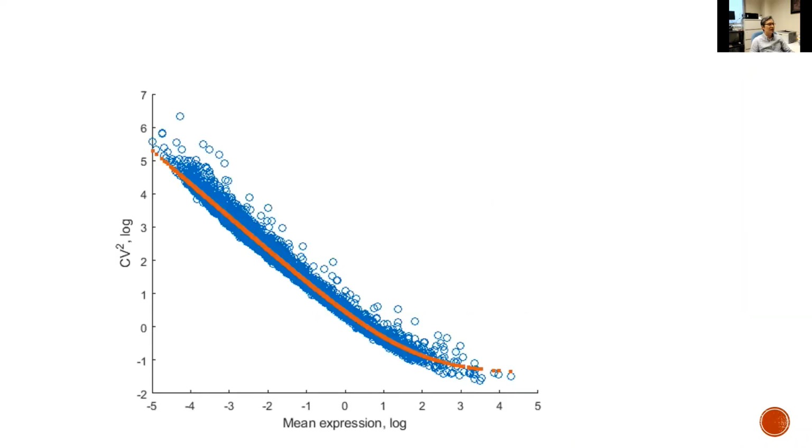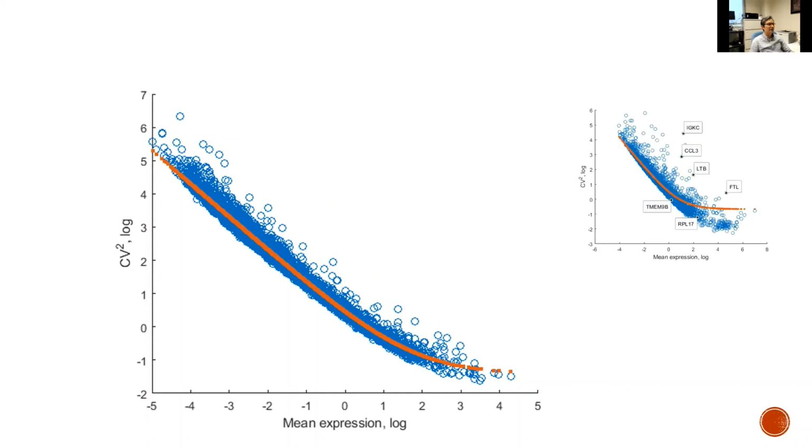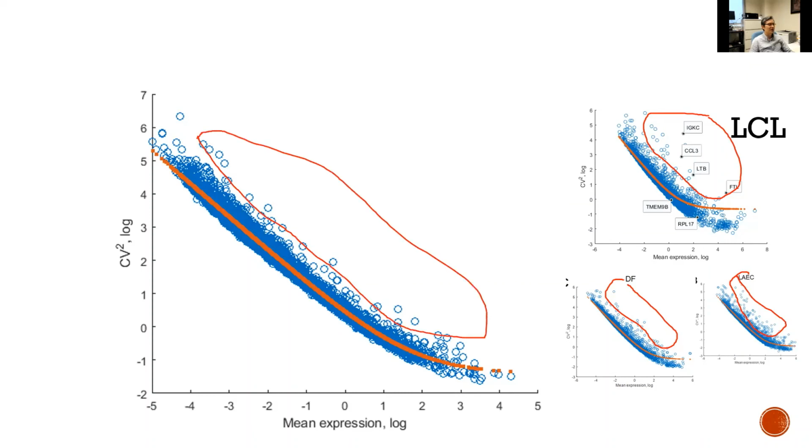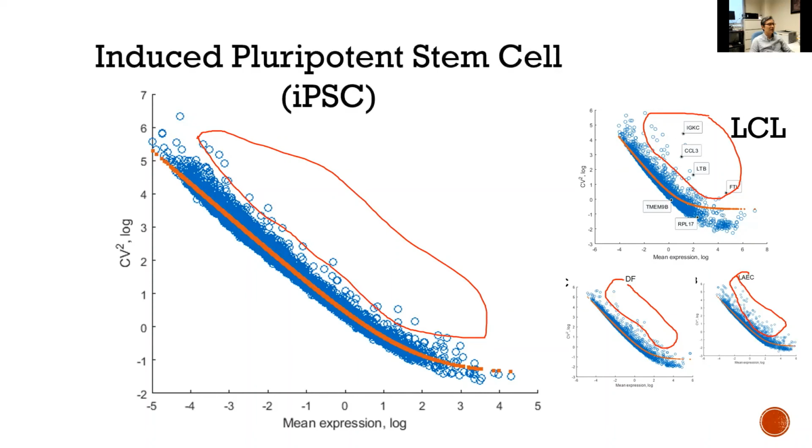Then, as I mentioned, we tested another cell type. In this particular example, it's different from all the other 3 cell types we identified. For all these 3 cell types, we found a lot of highly variable genes, which clearly deviate above the regression curve. However, this cell line has very little or no highly variable gene that can be identified. This particular cell line is induced pluripotent stem cells, so iPSCs.